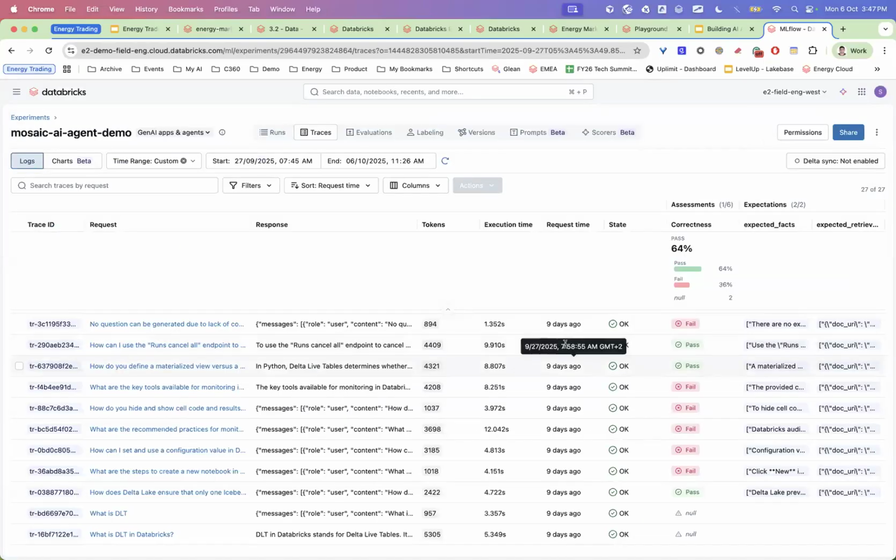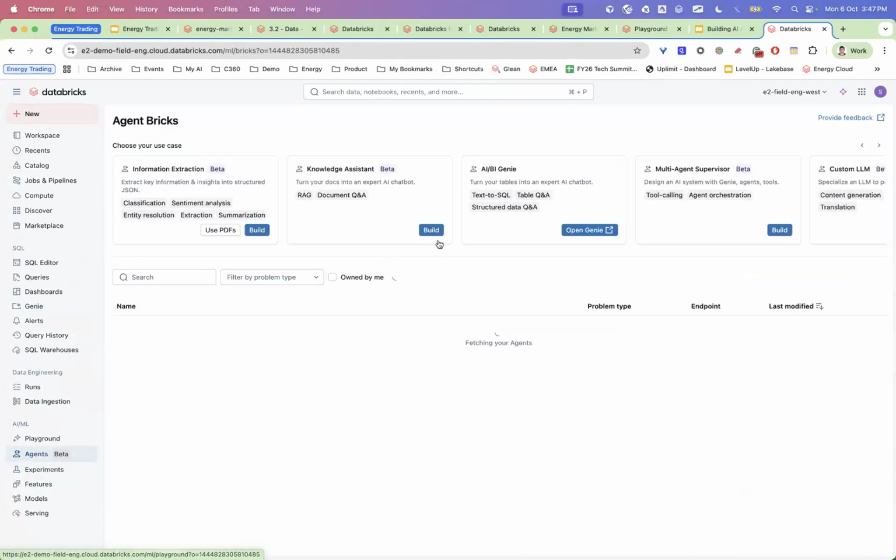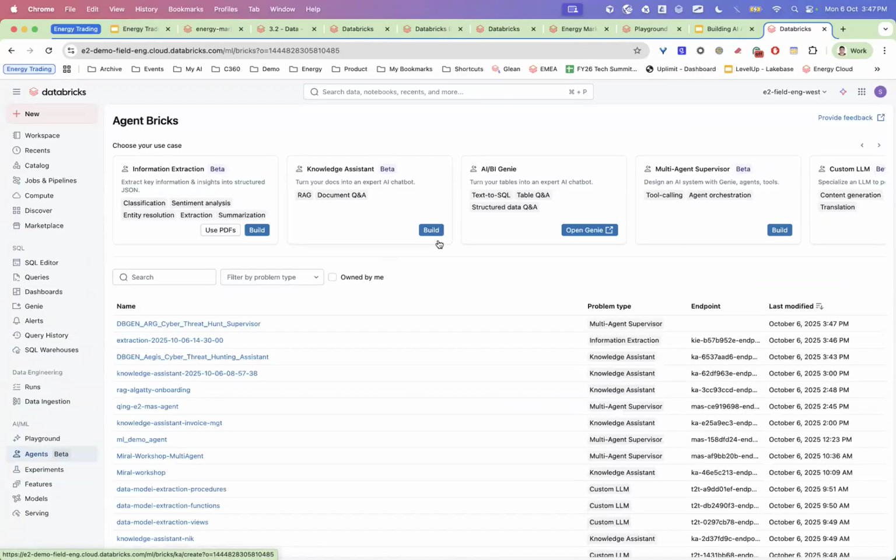So that's Agent Bricks. And just to let you know, we have two broad capabilities. One is Agent Bricks, which I showed you, that's more like a no code agent builder, where you can have specific use cases like extracting information as JSON from multiple documents, or a knowledge assistant, which is chatting with PDF documents.